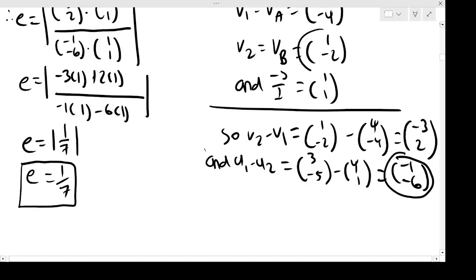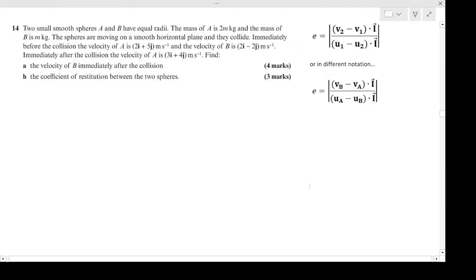Again, we're just going to be applying that formula whenever they ask for the coefficient of restitution in this case, where we don't know the line of centres, it's not I or J. So there we are. Then we've got this question here. What's the key giveaway with this question that I can't just compare the I or the J components like we did in the previous section?